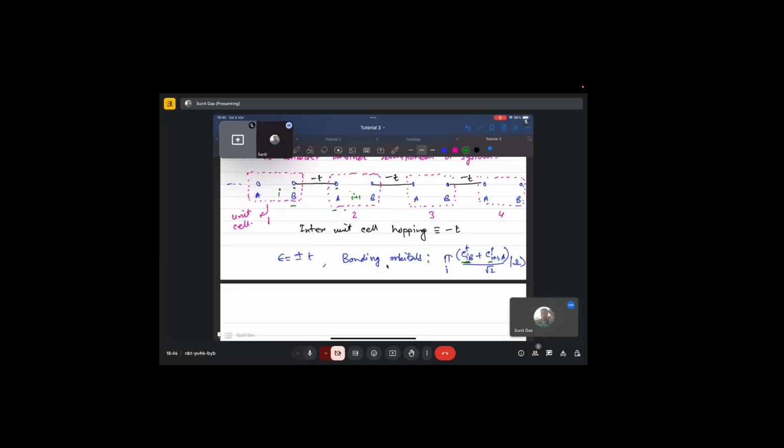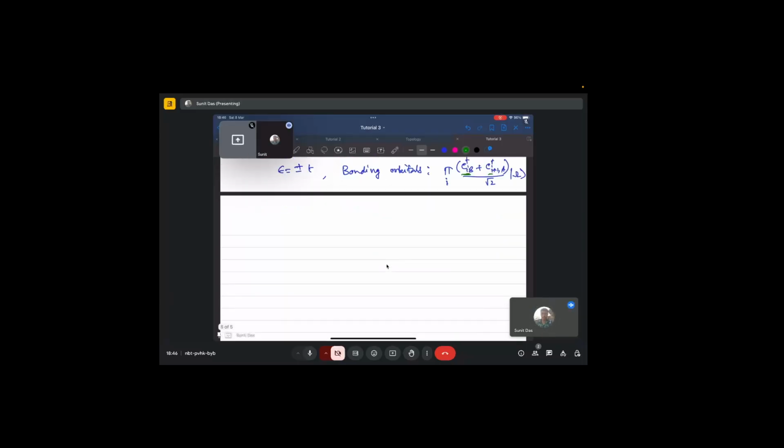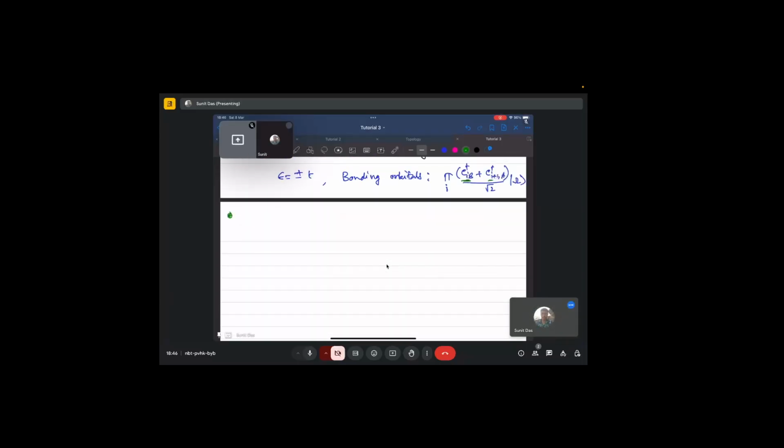Now again it is an atomic insulator, of course, because the energy states are t and minus t, and the bands are at different energy. So if you consider half filling, it is an insulator.